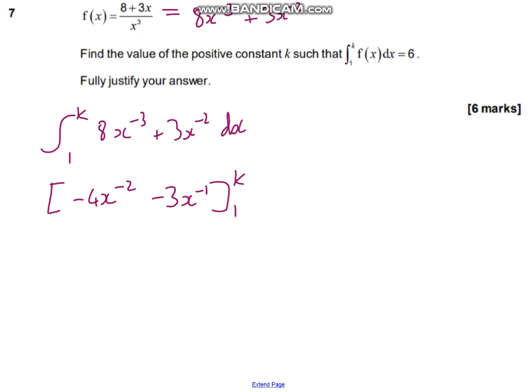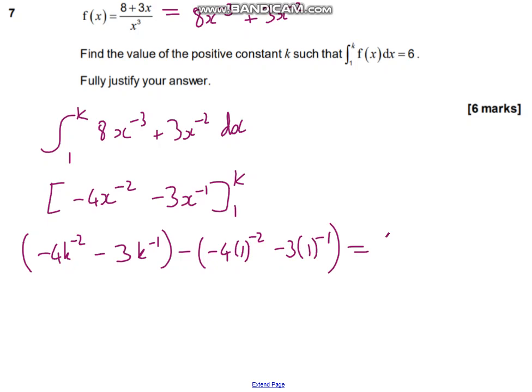Alright, we're going to want to substitute in our values now, and so let's put that in some brackets. And so you've got minus 4k to the minus 2 minus 3k to the minus 1. That's the first bracket. Subtract away, and that's going to be minus 4 times 1 to the minus 2 minus 3 times 1 to the minus 1.